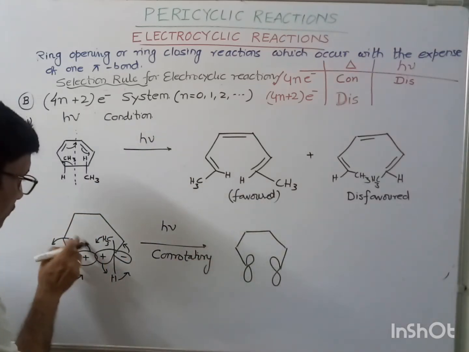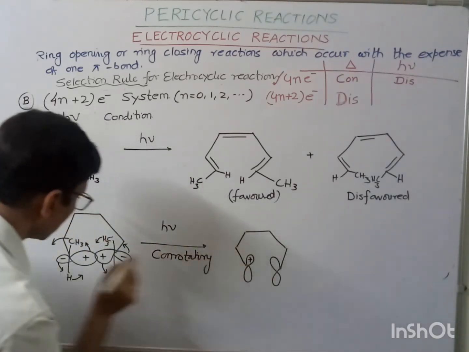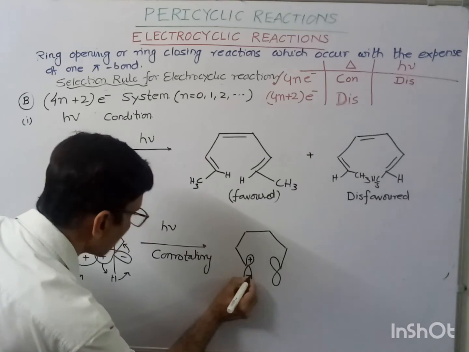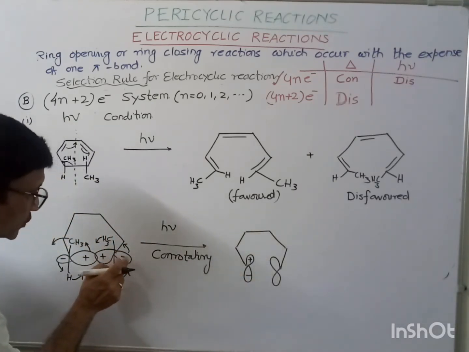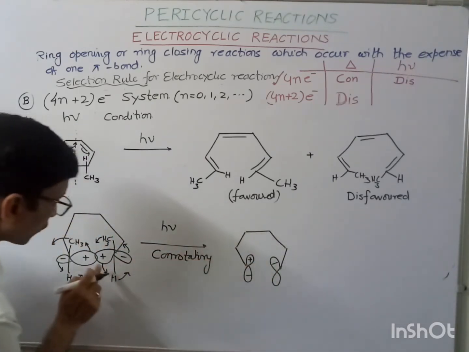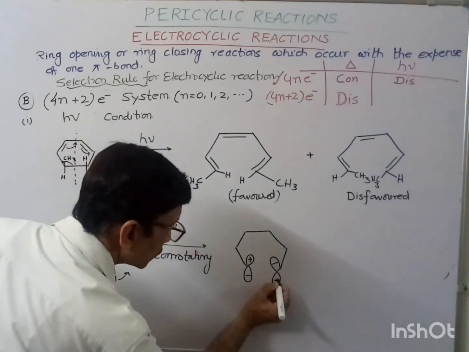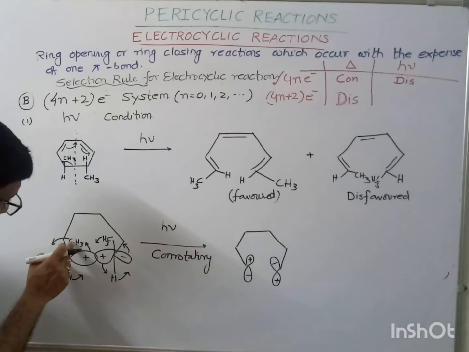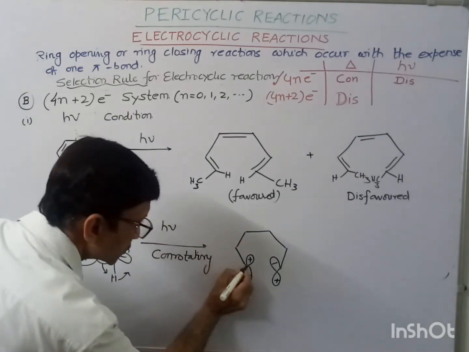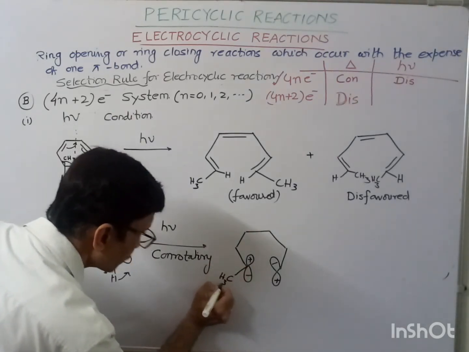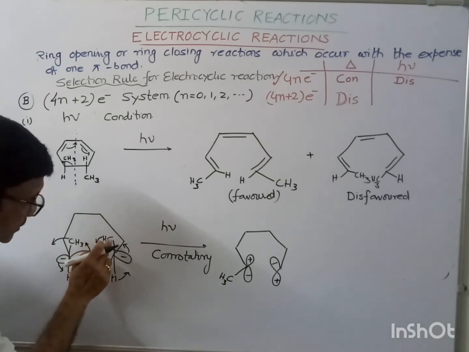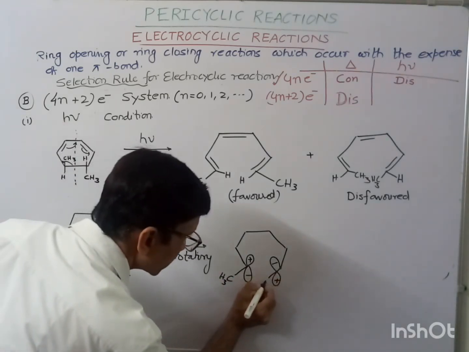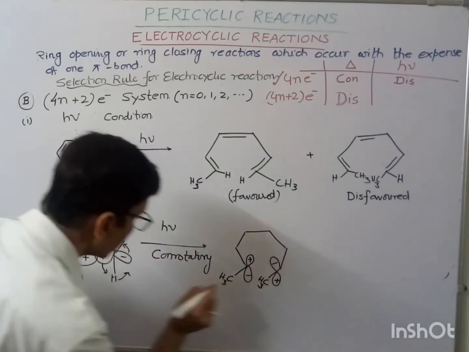positive lobe is coming up, negative lobe is coming down. Here negative lobe is coming up and positive lobe is coming down. What about this substituent? This methyl substituent is going outside and here this methyl substituent is going inside.